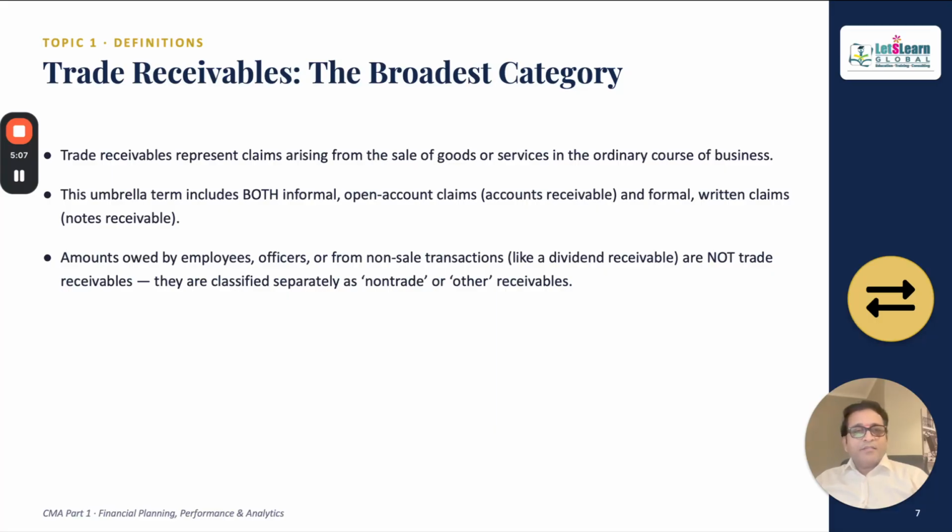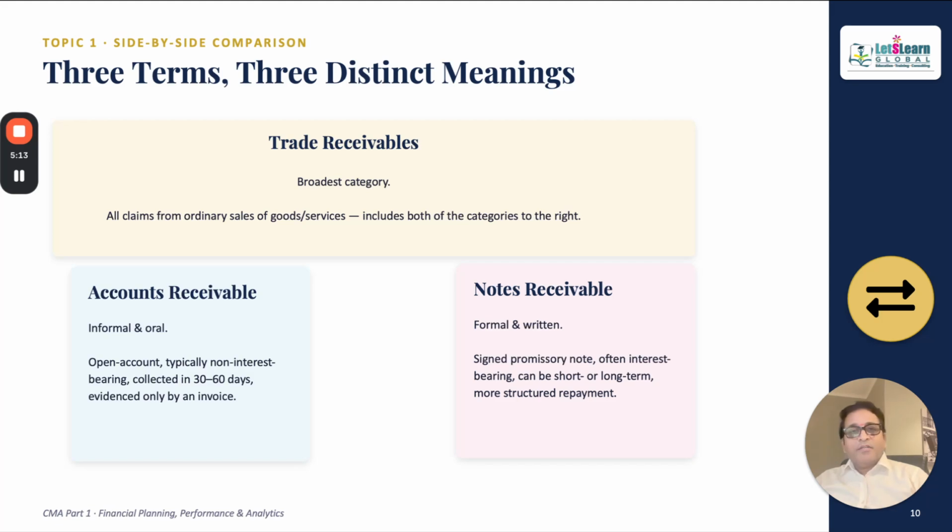Whereas trade receivable is the receivable from the trade activities. Meaning, we sold goods and we gave credit of 2 months, 3 months, 6 months. That's a trade receivable. Trade receivable is of two types: accounts receivable and notes receivable.